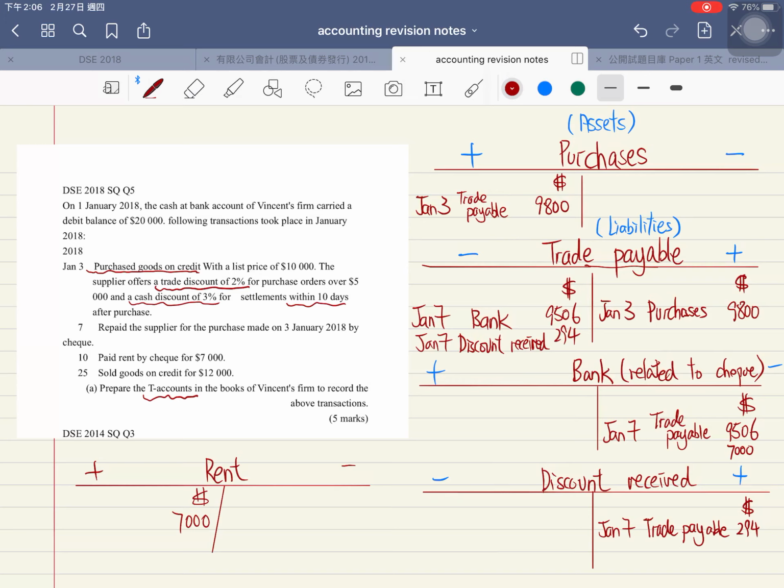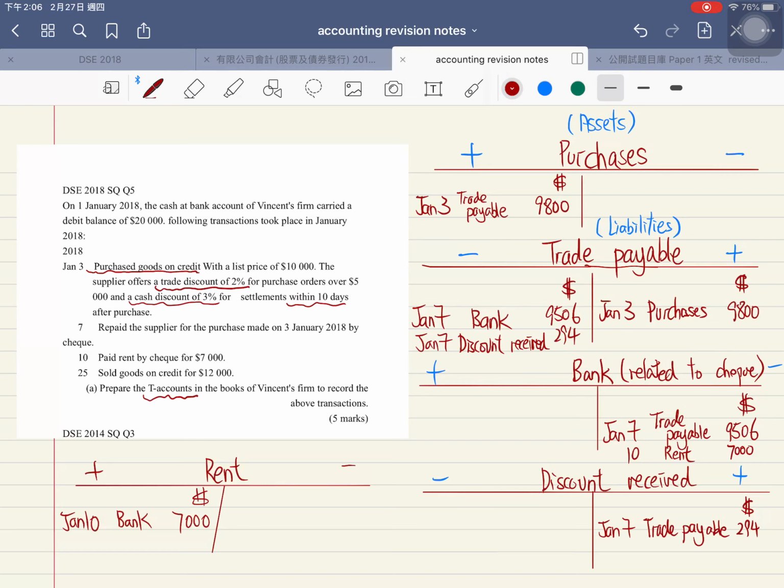So you may see one left hand side, one right hand side. So January 10, rent, January 10, bank.